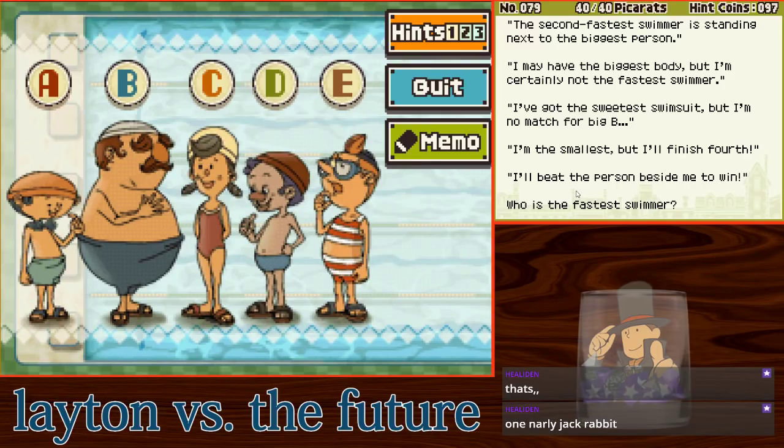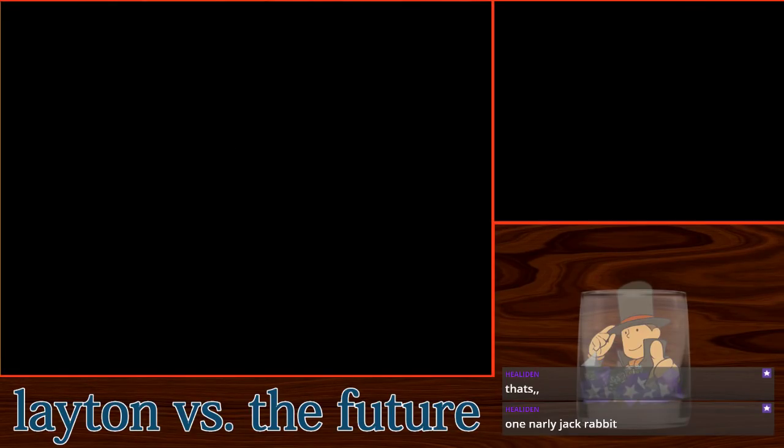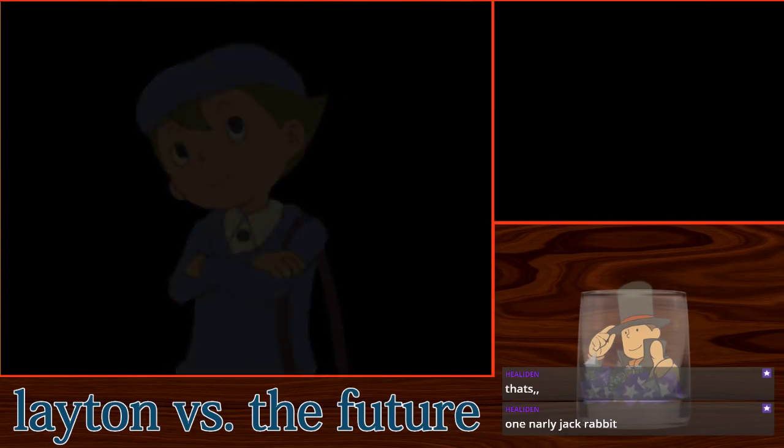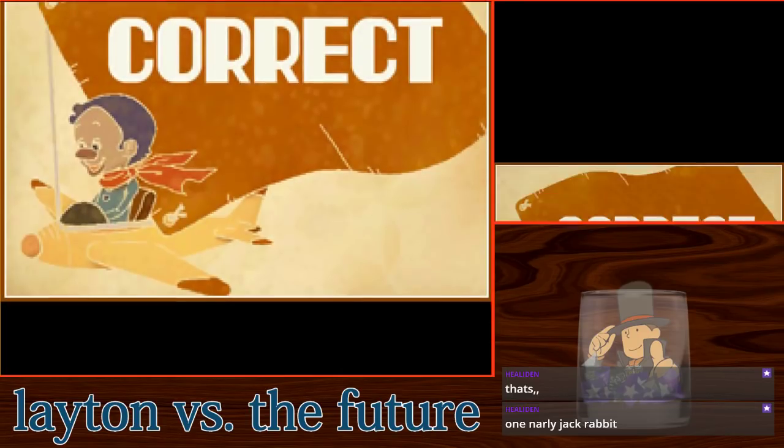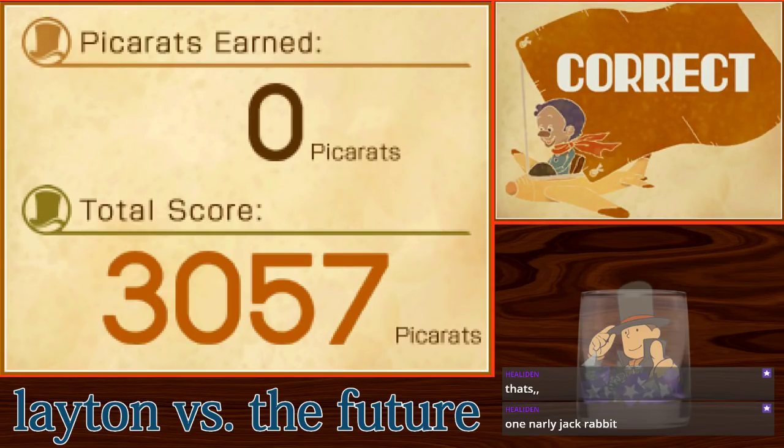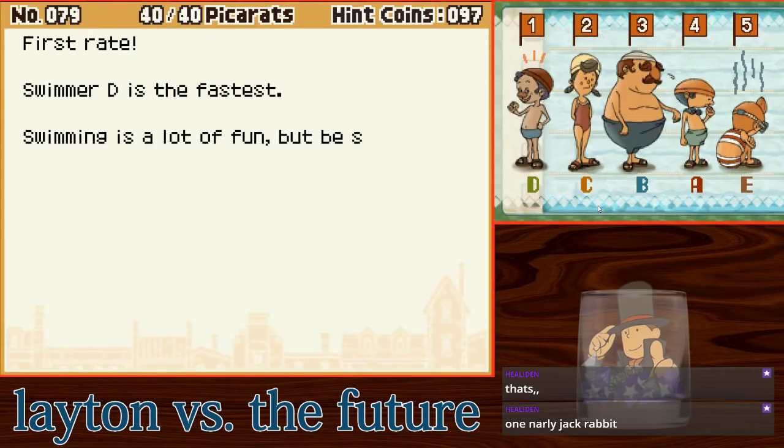The second fastest swimmer is standing next to the biggest person. Oh, so that means that the last statement cannot be about C. So it has to be D or E. I see. Yeah. This one's as good as solved. I knew it! Each statement in turn excludes one other person.